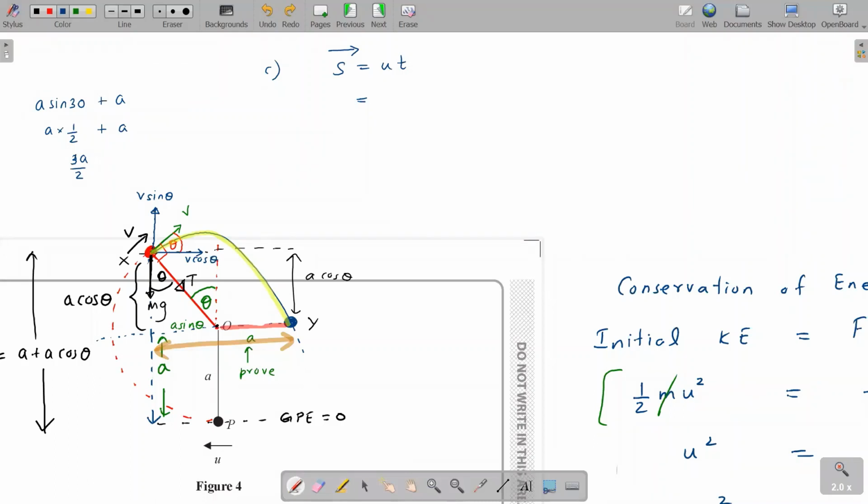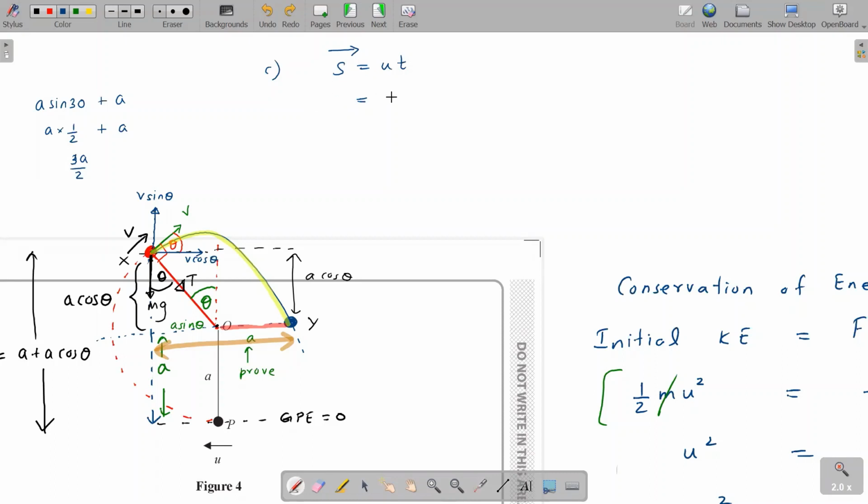Okay, so now I found that the distance you need to prove is that if the projectile moves a horizontal distance of 3A over 2, the string becomes taut again. When the string becomes horizontal, it will become taut. So we have to prove that our displacement is 3A over 2.